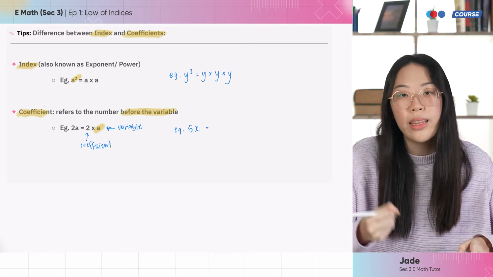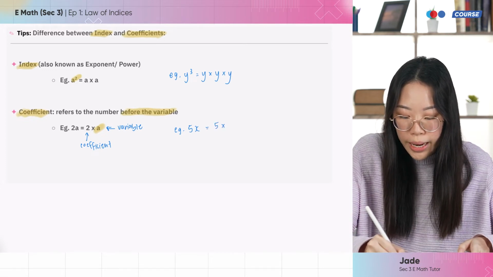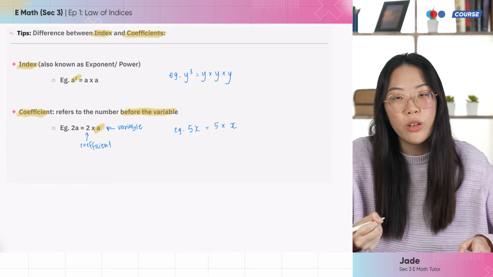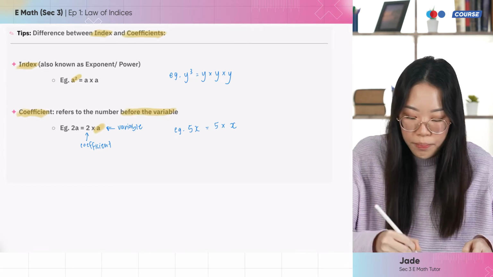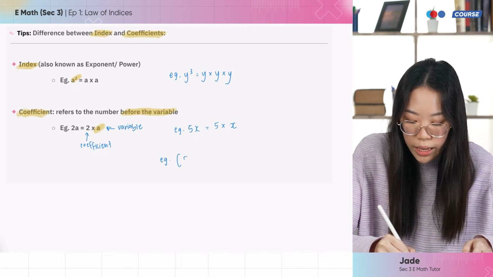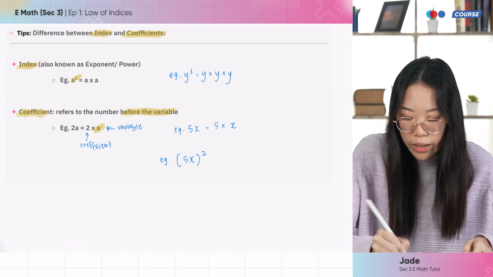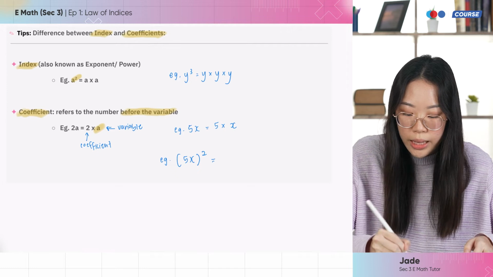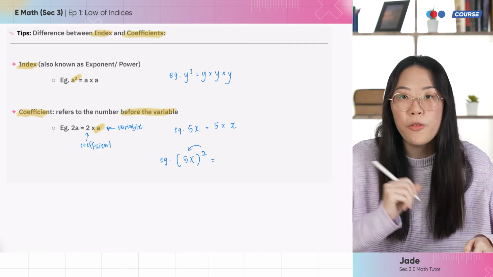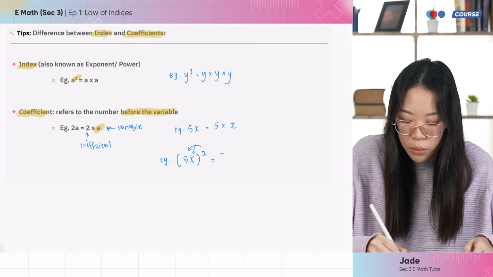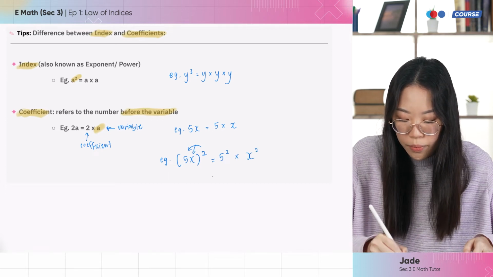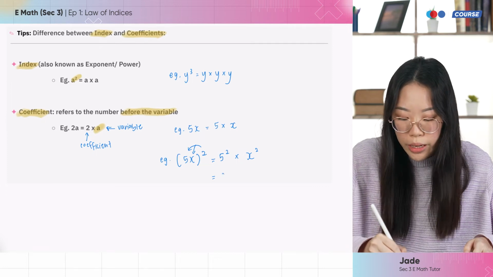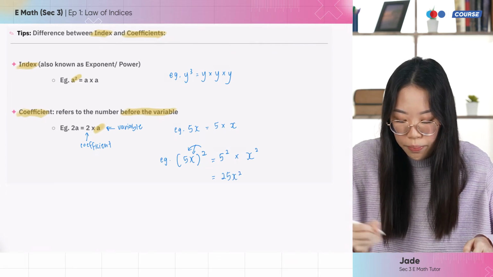This would mean that we take 5 multiply by x, since 5 is the coefficient and x is the variable. But what happens if we put this together? If we have 5x whole thing squared, this would mean that the power is multiplied to both. So this will give us 5 squared multiplied by x squared. After we simplify, we will get 25x squared.